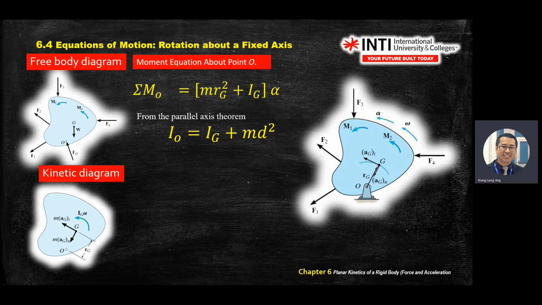You need to modify the G equation into here. You add m Rg squared plus Ig, and then you need to use IO equal to Ig plus m d squared. What is d? d is the distance from the reference point to the center of gravity.